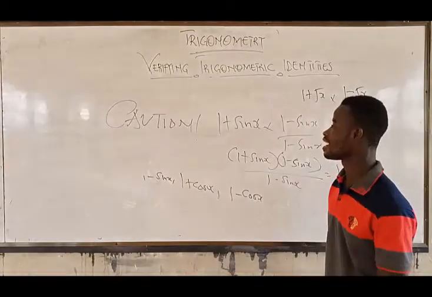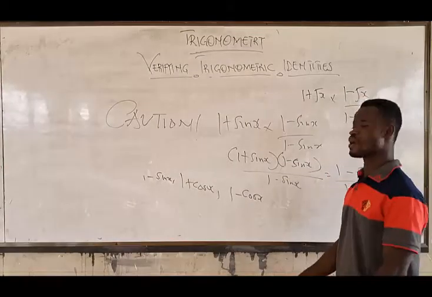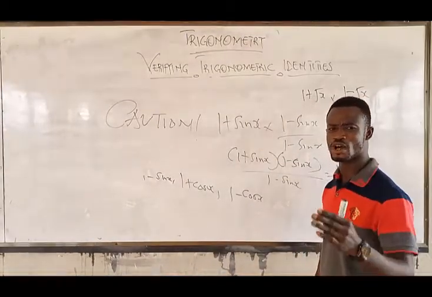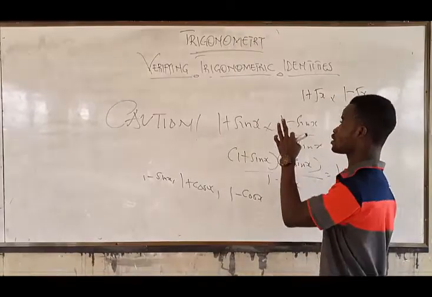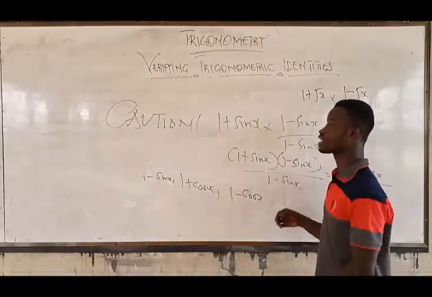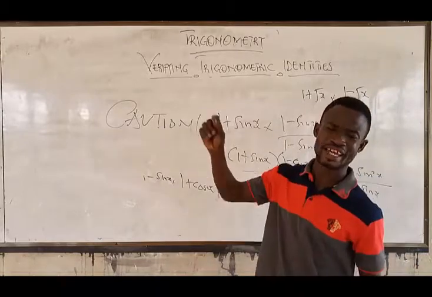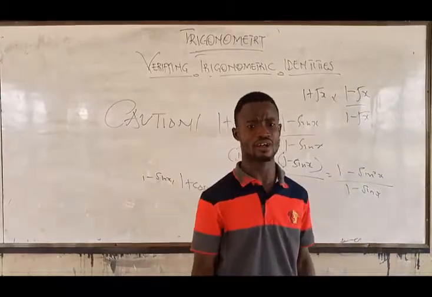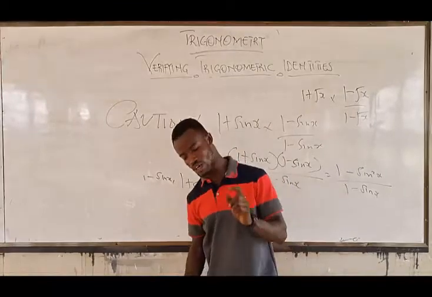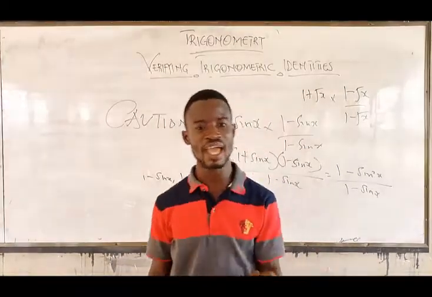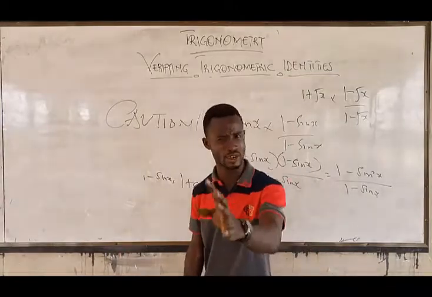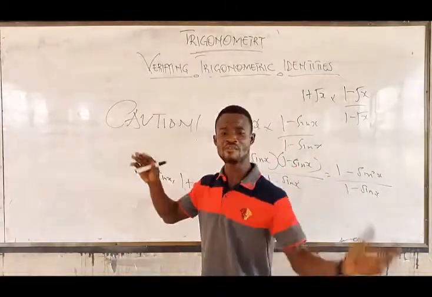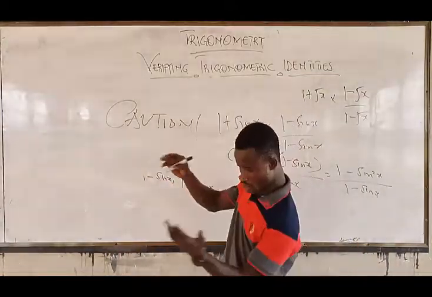So for you to go through this course, most especially verifying trigonometric identities, you have to take note of this caution. The caution is that verifying identities is not the same as solving equations. In fact, we haven't solved equations yet; we will get to that part.